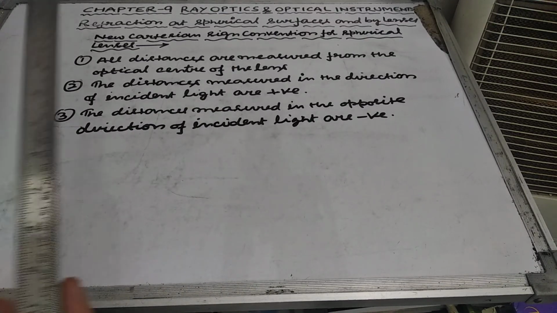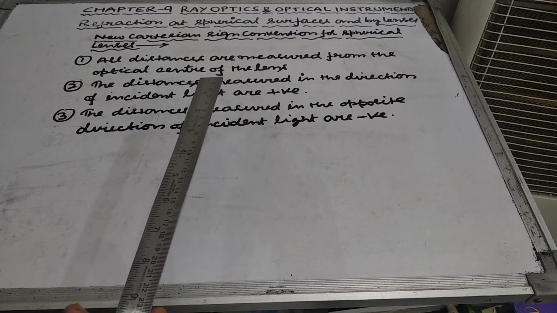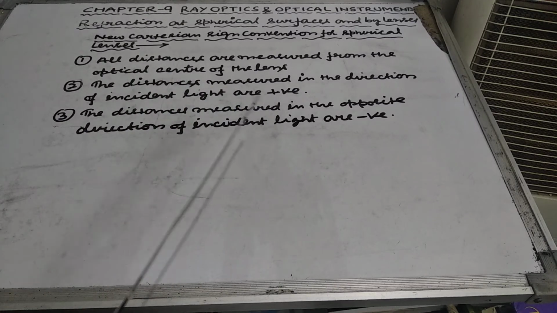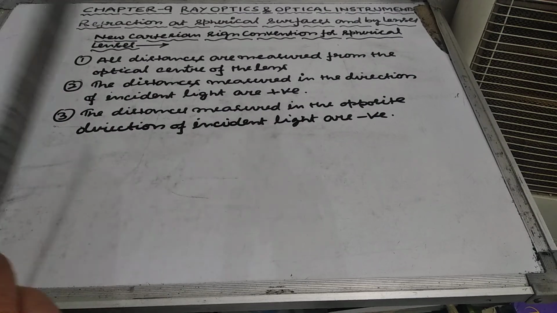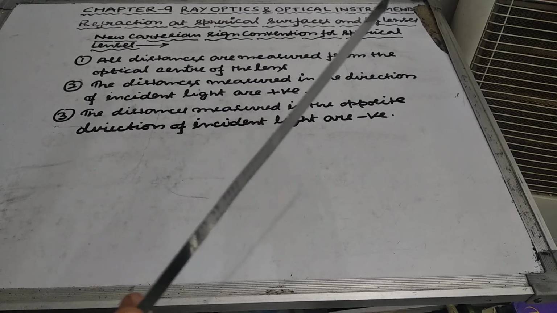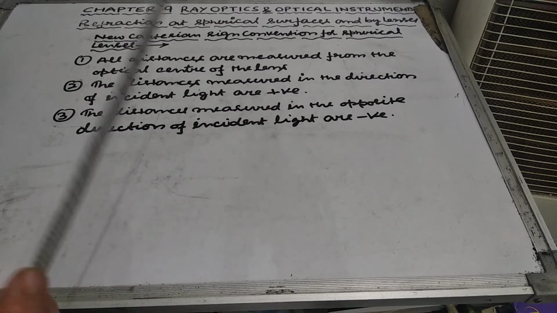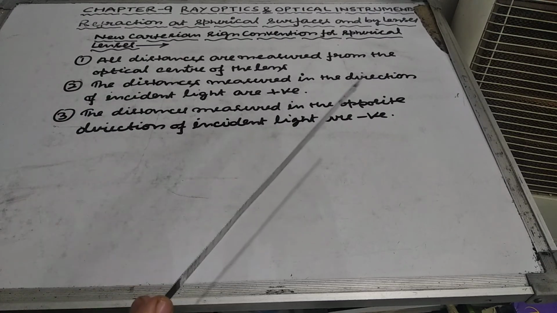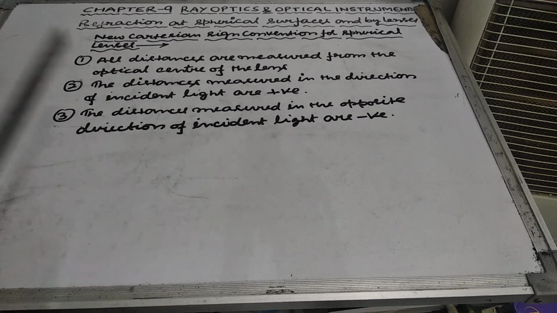And two other points: all the distances measured above the principal axis are taken as positive, and all the distances measured below the principal axis are taken as negative.